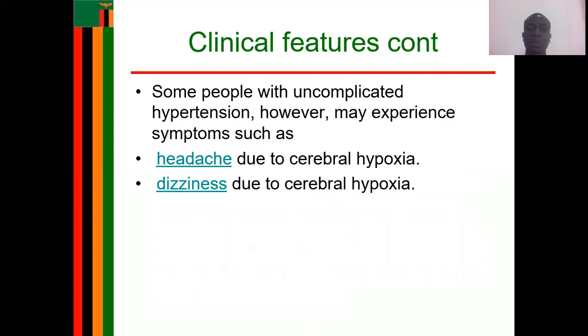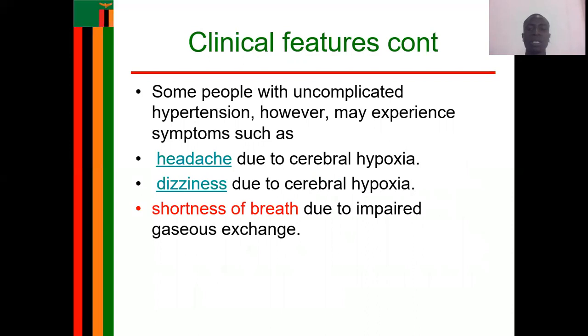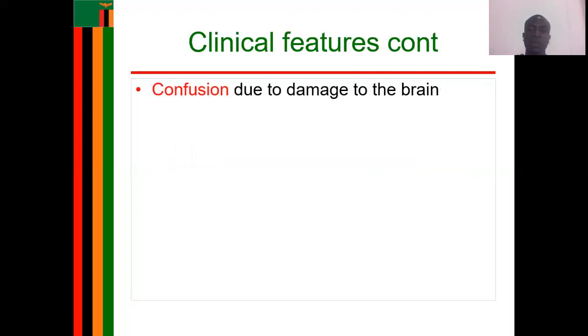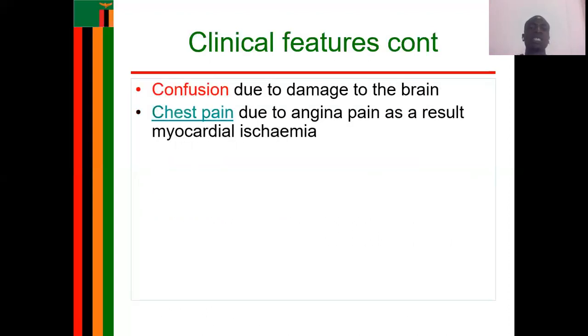Some people with uncomplicated hypertension, however, may experience symptoms such as headache and dizziness due to cerebral hypoxia, shortness of breath due to impaired gaseous exchange, impaired vision due to reduced blood supply to the retina, confusion due to brain damage, and chest pain due to angina or myocardial infarction.